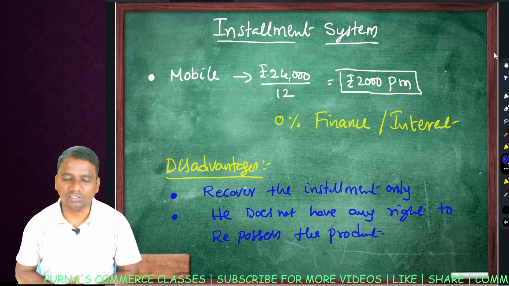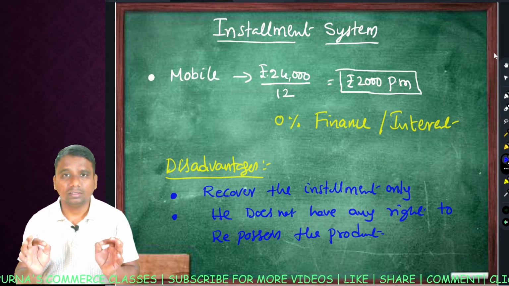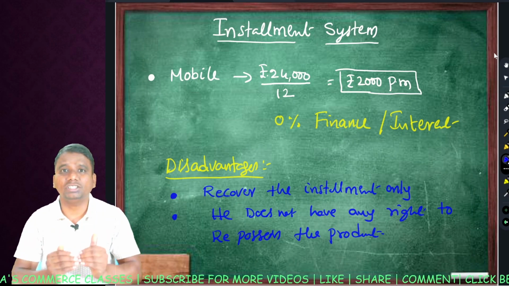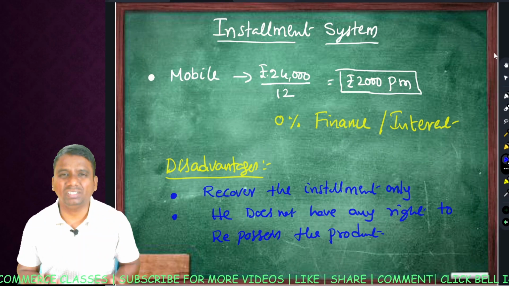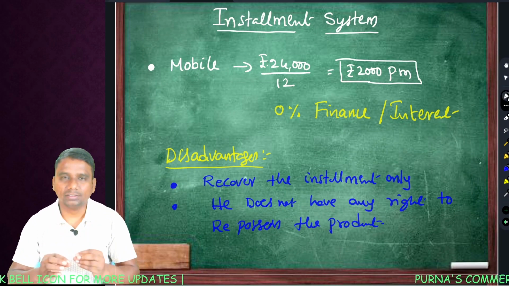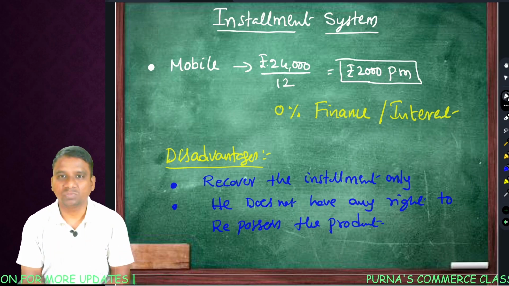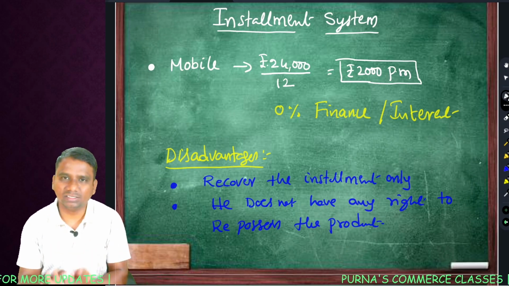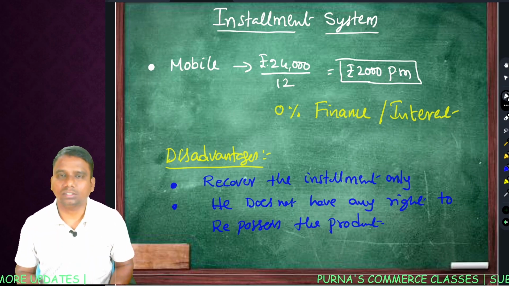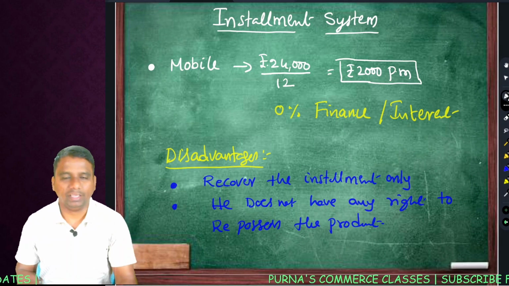This is the installment system. What is the biggest drawback in the installment system? Tell me. It is not possible to repossess the product. This is the biggest drawback in the installment system. Otherwise, this installment system is good, till the buyer pays the amount without fail.